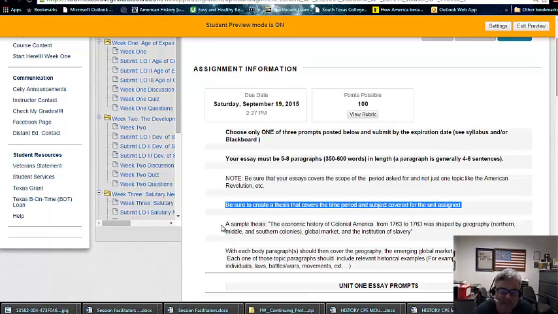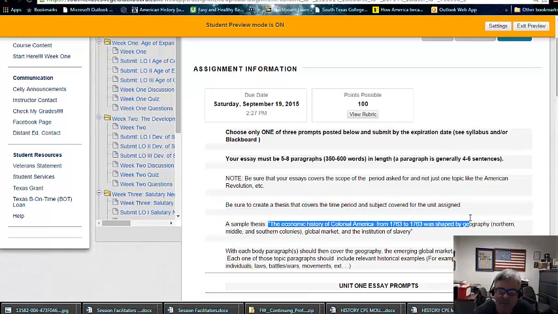It could be something as simple as just turning the essay prompt into a sentence, right? The economic history of colonial America from 1608 to 1763 was shaped by geography, northern, middle, and southern colonies, global market, and the institution of slavery, period, right?